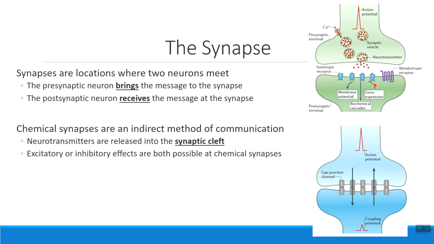Some of my receptors, though, are metabotropic, and remember that a metabotropic receptor takes a little bit longer to have an effect. Both of these kinds of receptors are seen at chemical synapses. And at a chemical synapse, again, I release a neurotransmitter chemical, and it has an effect on my post-synaptic neuron.